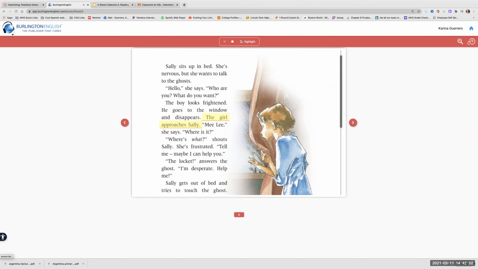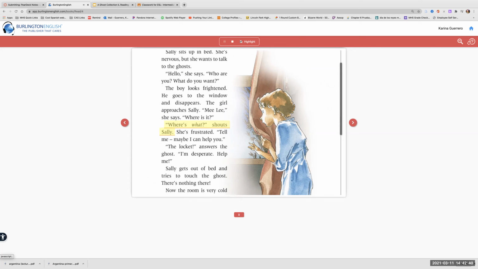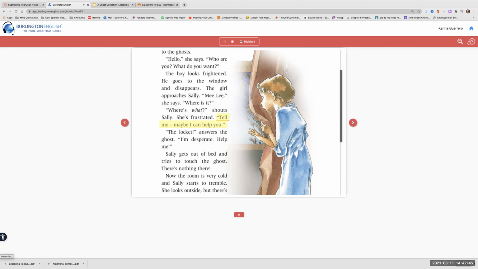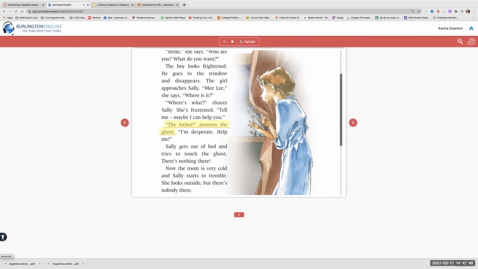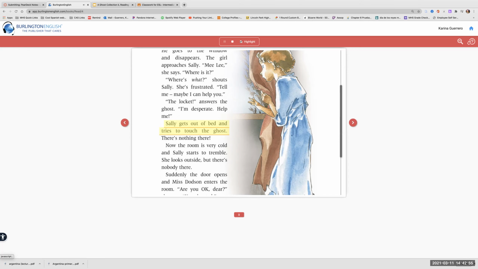The girl approaches Sally. Mealy, she says. Where is it? Where's what? Shouts Sally. She's frustrated. Tell me, maybe I can help you. The locket, answers the ghost. I'm desperate. Help me. Sally gets out of bed and tries to touch the ghost.